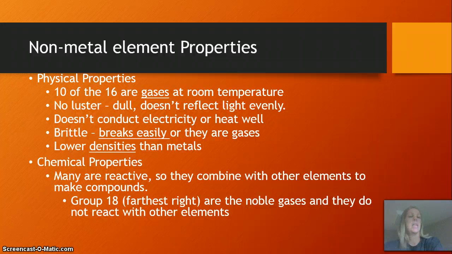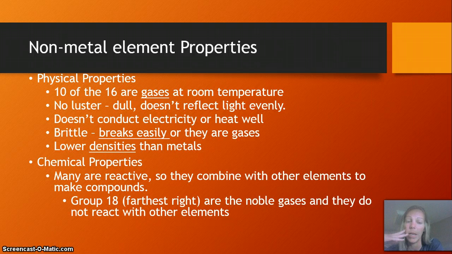And then they don't have luster, which means they are not shiny and they do not reflect light. They usually do not conduct electricity or heat very well. They are brittle, which means if you were to try to hammer them, if you could, and they're not a gas, then they would break easily instead of changing shape. And they usually have lower densities than metals.